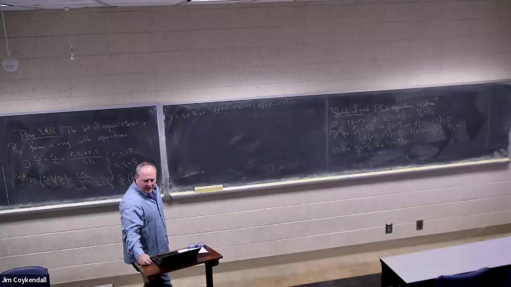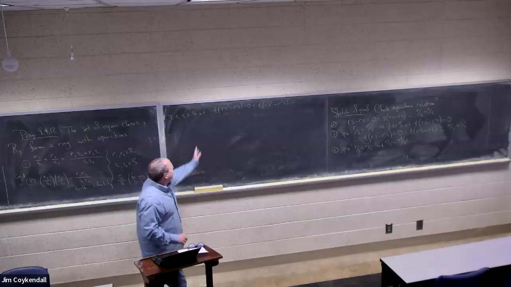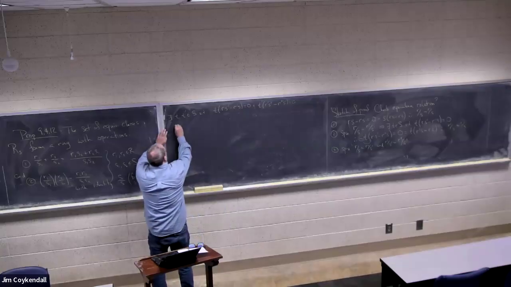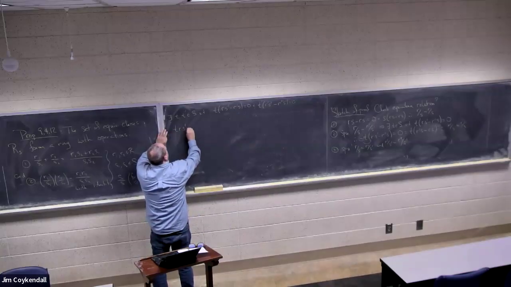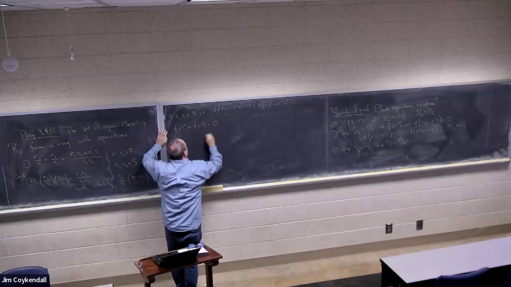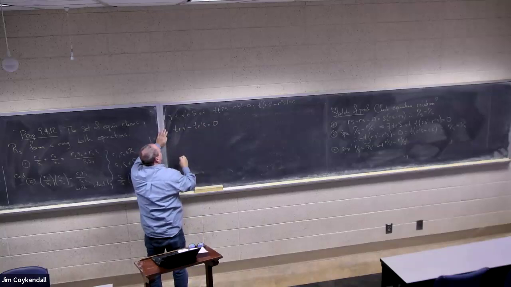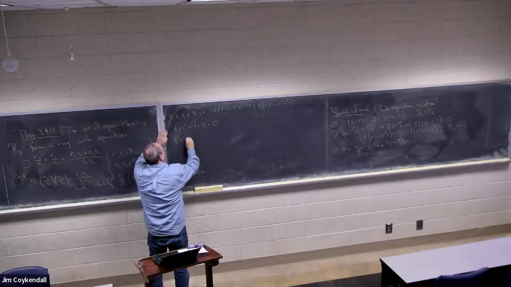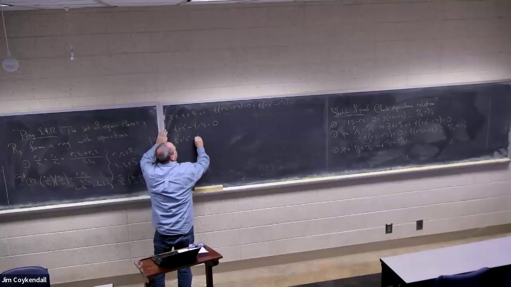Goodness gracious, what do we do with that? We multiply some stuff out, it might make it easier to deal with. Like substitute one in, like isolate a variable and then substitute. Maybe.